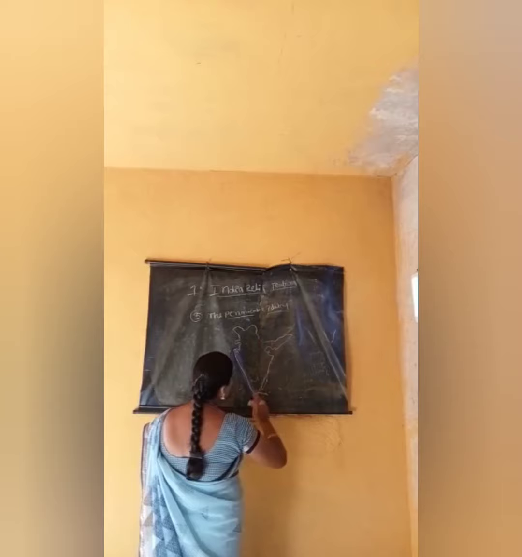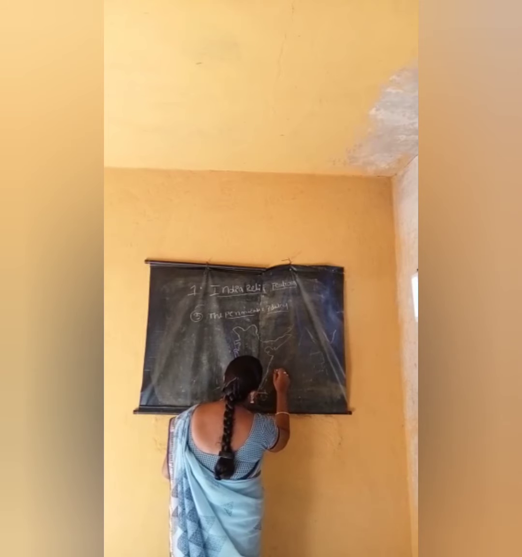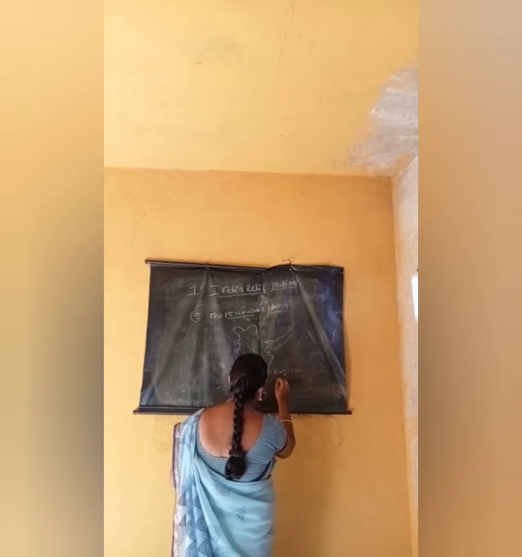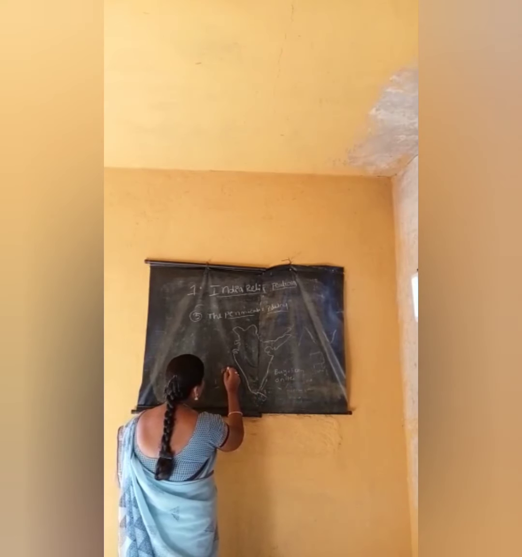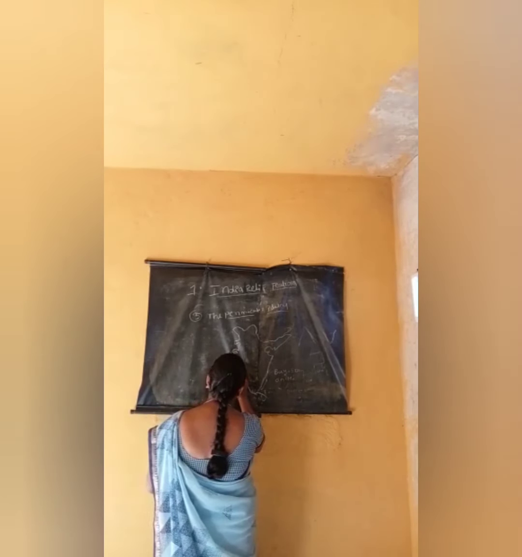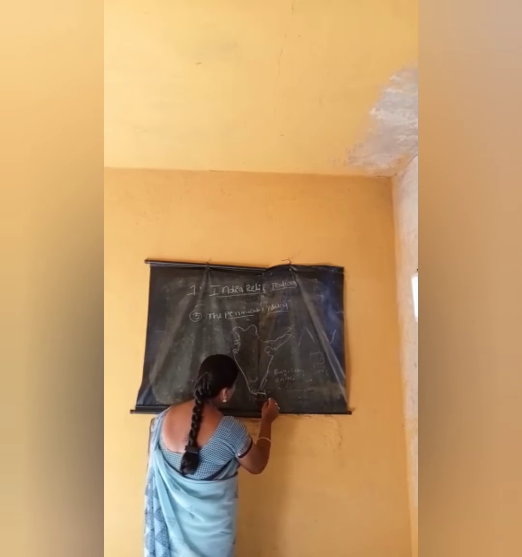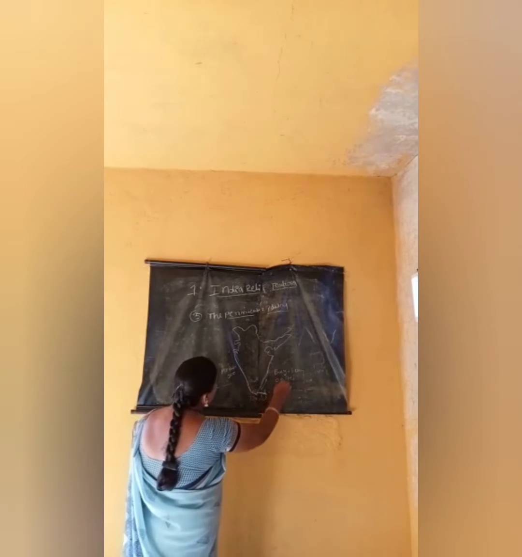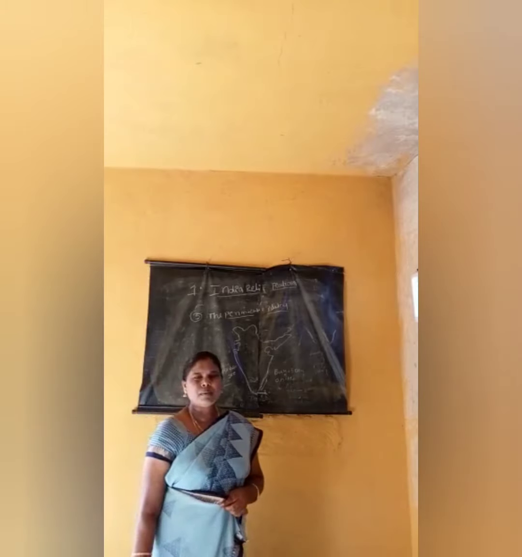The Bay of Bengal on the east, the Arabian Sea on the west, and the Indian Ocean on the south.